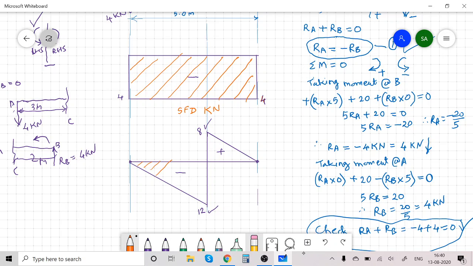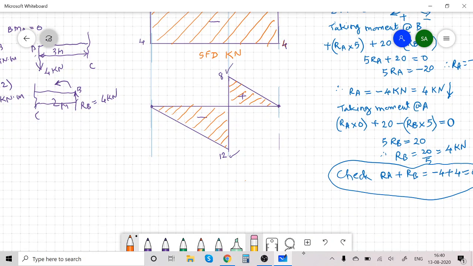Shading. Write the name of the diagram, BMD, unit kilonewton meter.